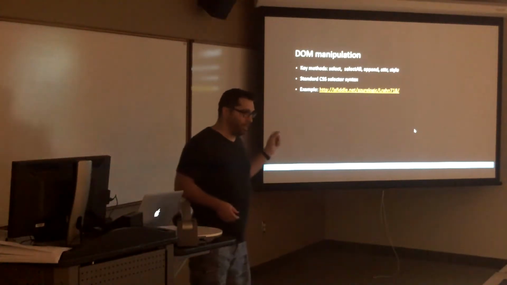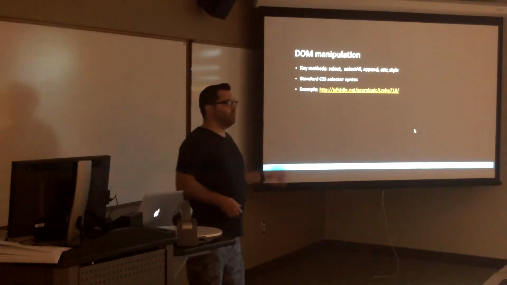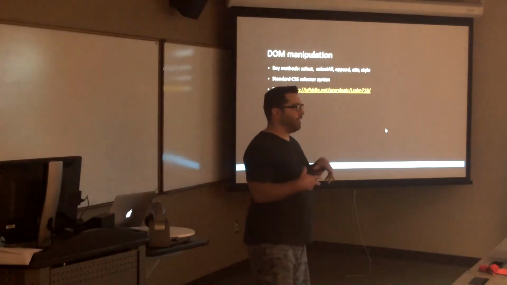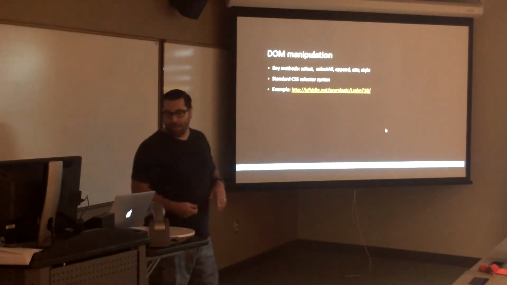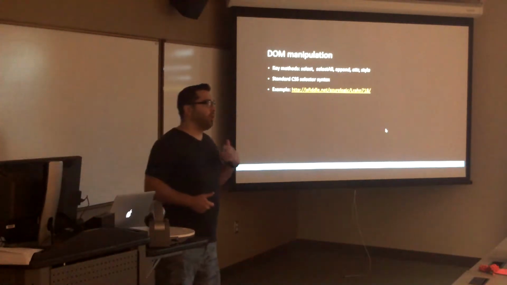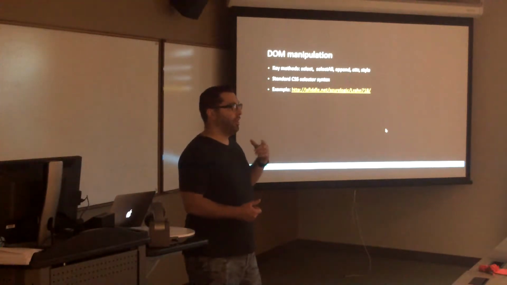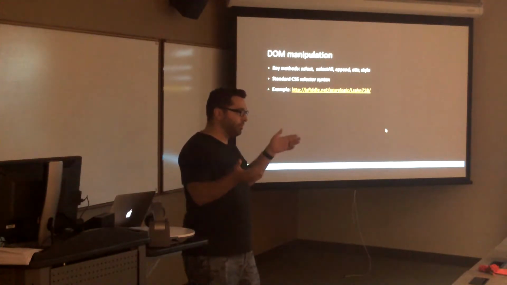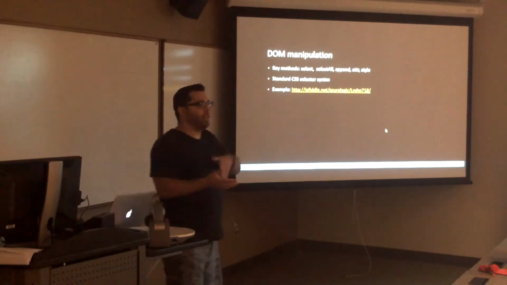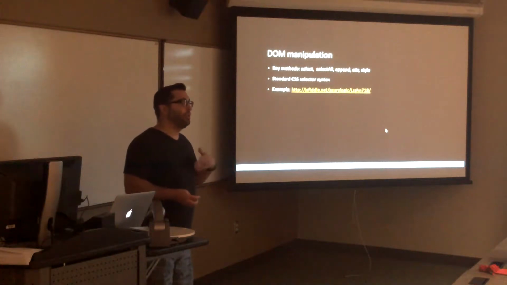SelectAll is get them all with that selector. And append, you chain onto one of those to append some other tag inside of that as a child. Attr is for changing attributes on whatever element you're on, and style is for doing styling changes on that as well.